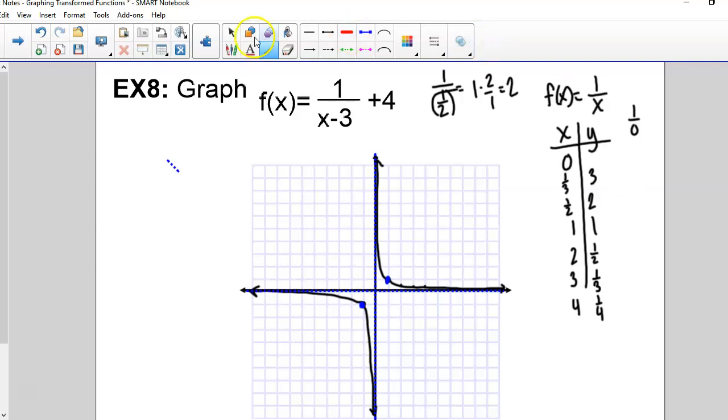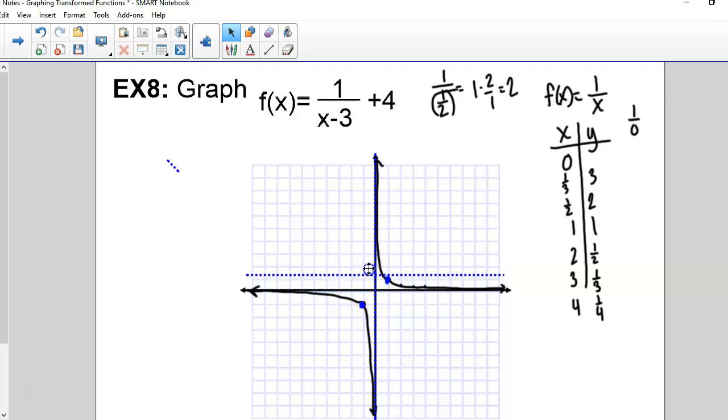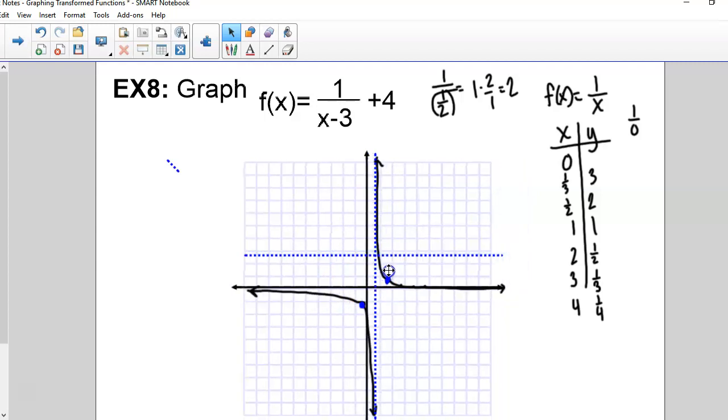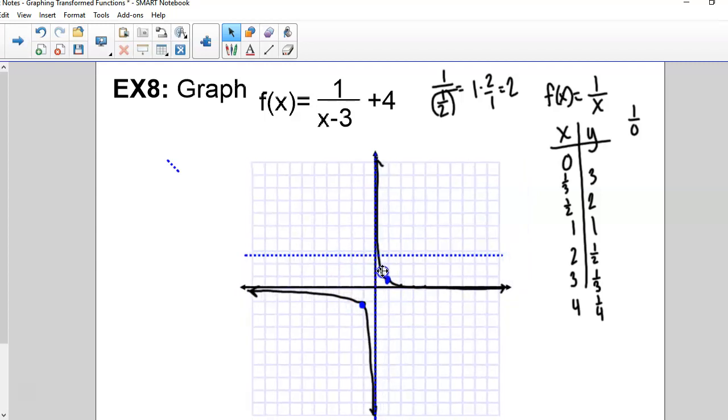Okay? So for this problem, I just need to go up 4 and to the right 3. If I move this graph up 4, it's going to move that horizontal asymptote up 4. And it's going to move that vertical asymptote to the right 3.